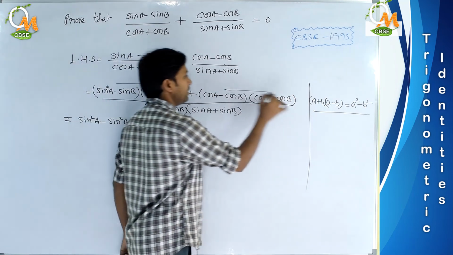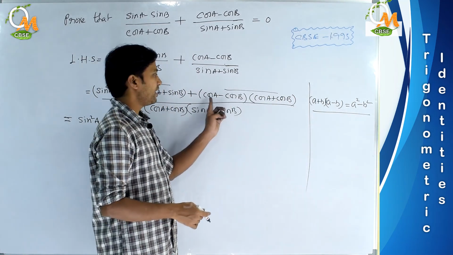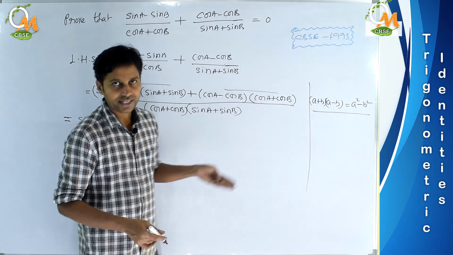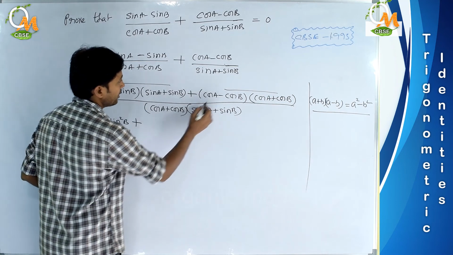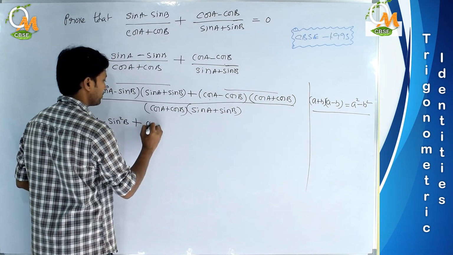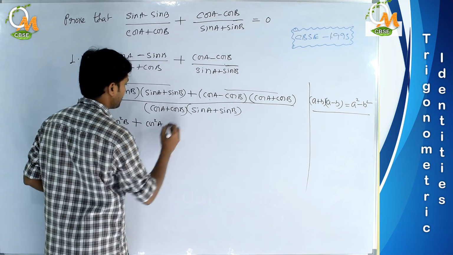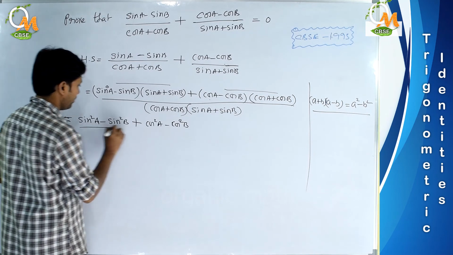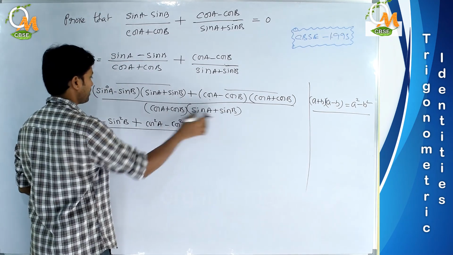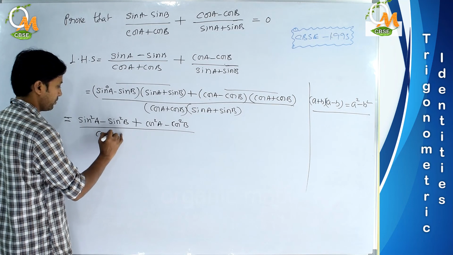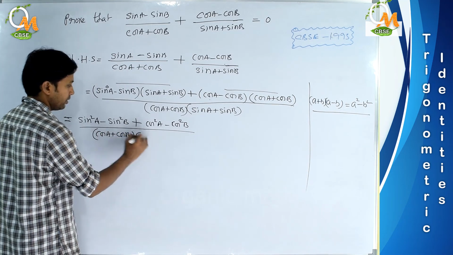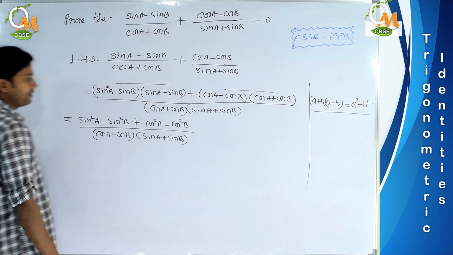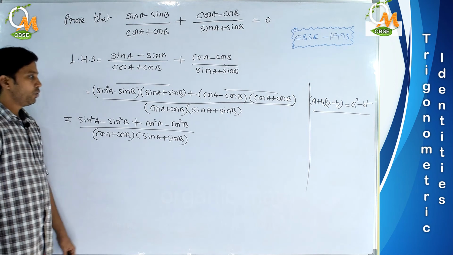Now coming to this term, it is in the same pattern: cos A minus cos B into cos A plus cos B, which we can write as cos square A minus cos square B, upon cos A plus cos B into sin A plus sin B.